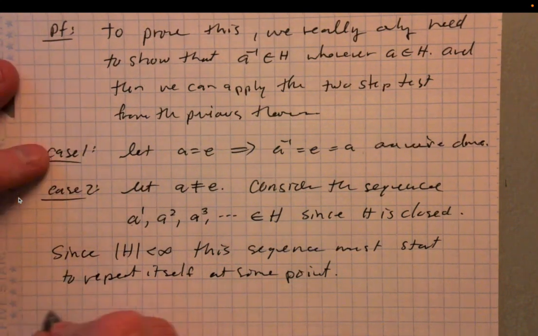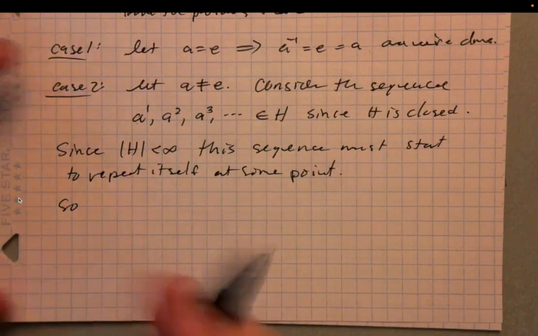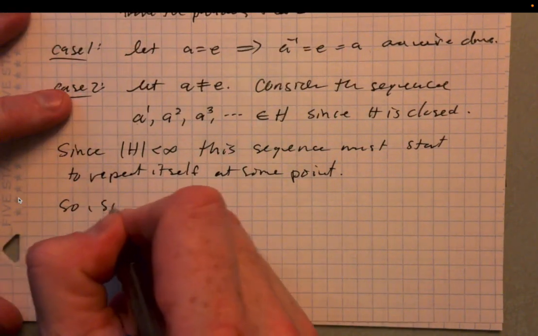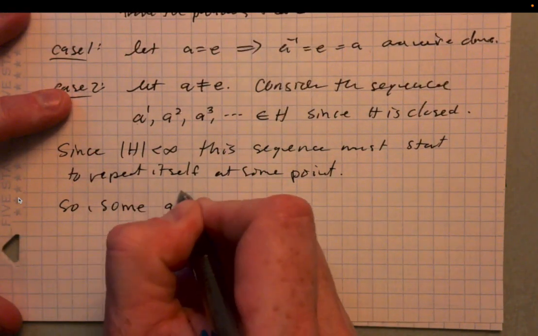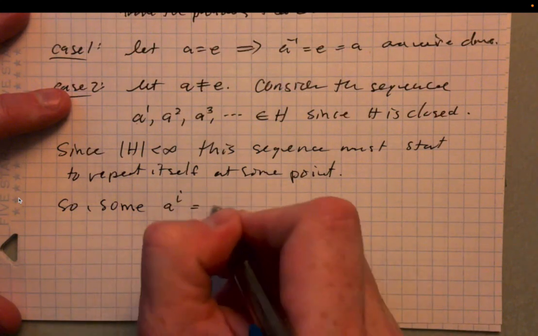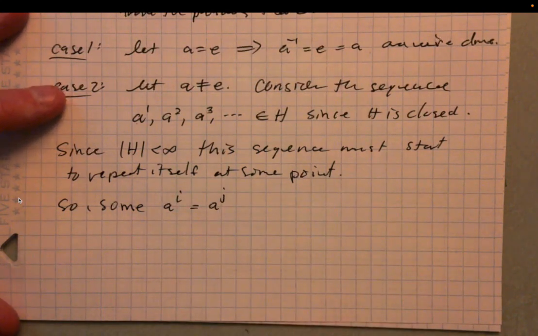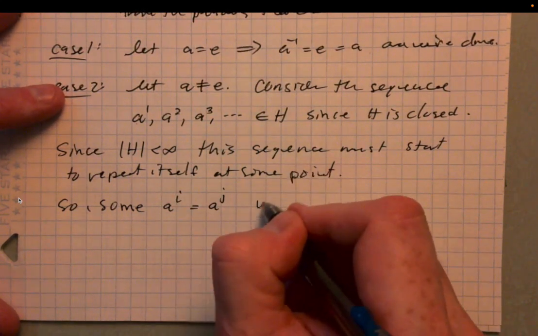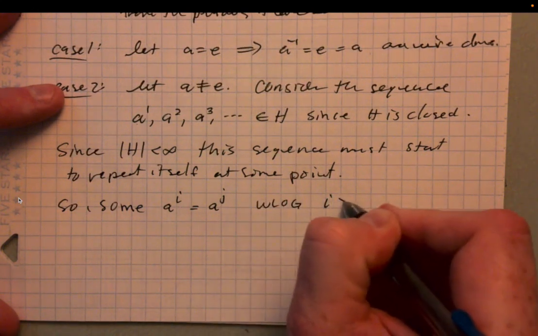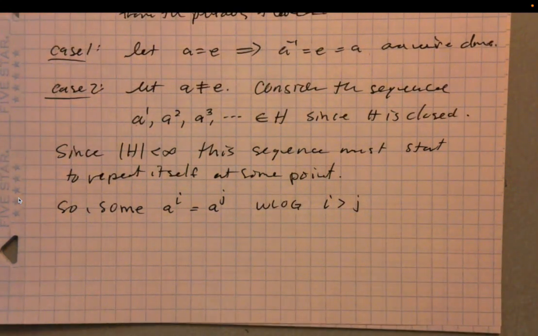So what does that mean? Well, some a to the i power is equal to some a to the j power. Without loss of generality, we're going to let i be greater than j. It doesn't matter which direction you choose. Then we can do a little bit of arithmetic.